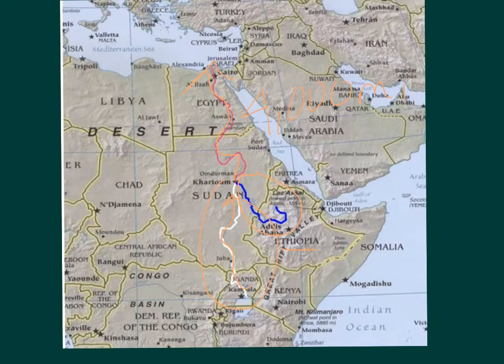The two rivers meet at what is today the city of Khartoum in the present-day country of the Sudan. There, the Nile begins its journey through desert lands to the Mediterranean Sea.